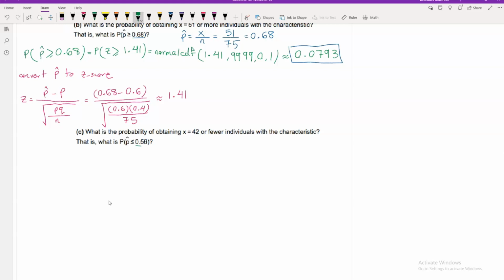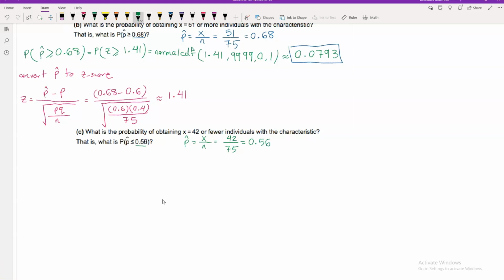Finding p hat is x over n, 42 divided by 75, and that is 0.56.